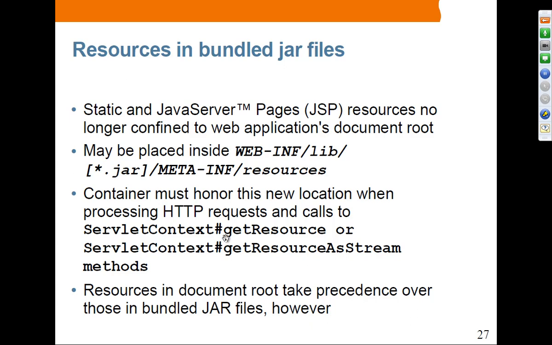And APIs like the getResource and getResourceAsStream methods should also honor these resources. However, resources in the document root take precedence over those bundled in the jar file. So if a particular JSP page is looked for and it is already available in the root, that will be taken. If it is not available, then it will search the jar files.